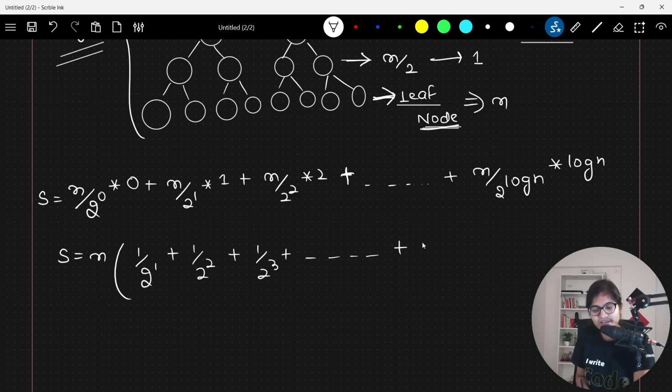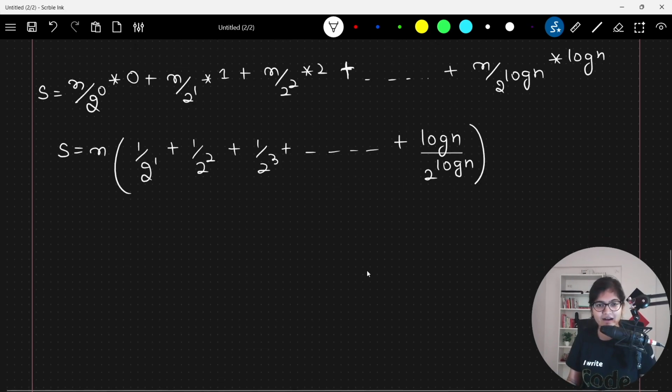At the very last level, we will be left with log of n divided by 2 to the power log of n. This is what we get when we take n as common.